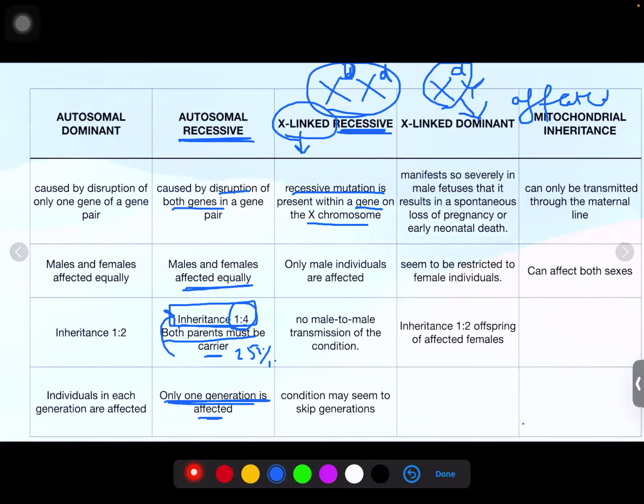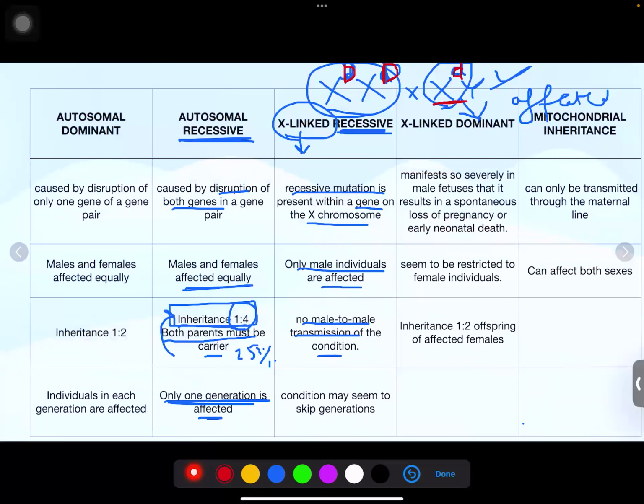So only male individuals are affected, with no male to male transmission of the condition. This is the diseased male, and the partner is normal, capital D, and this is small d.